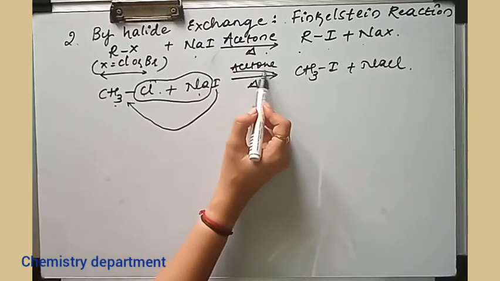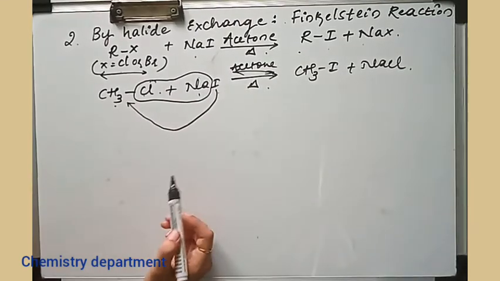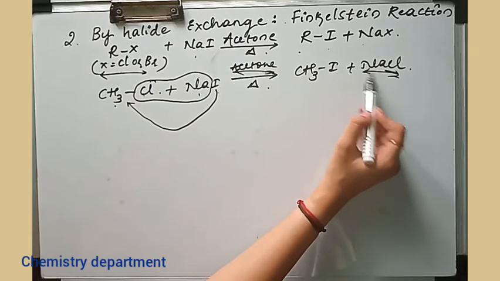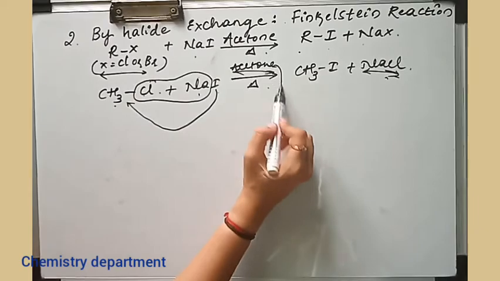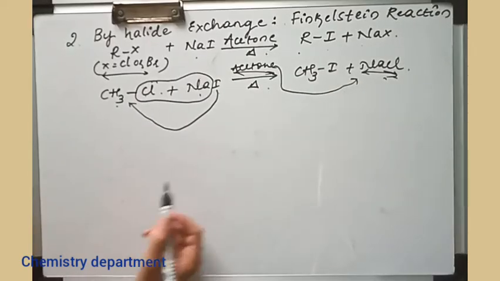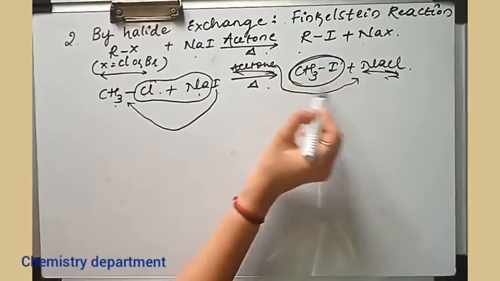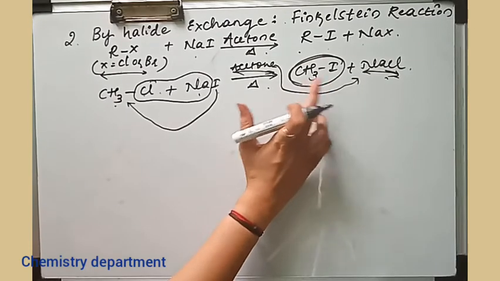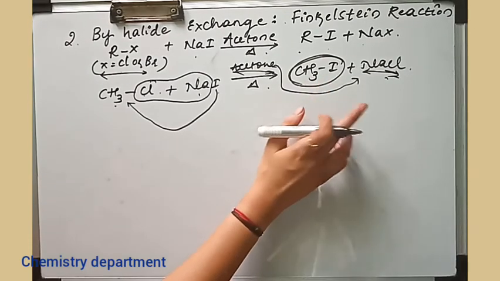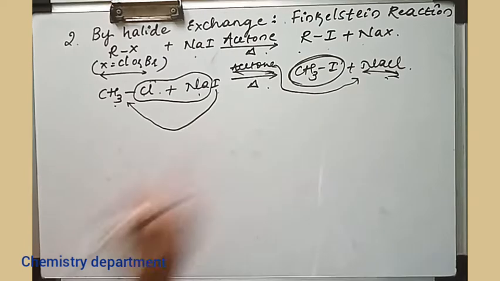Why we are using acetone here is, whatever NaCl or NaBr is formed will be precipitated in the acetone solvent. As a result, we get only the alkyl iodide. So from the Finkelstein reaction, the respective alkyl iodides will be formed along with the formation of sodium chloride.